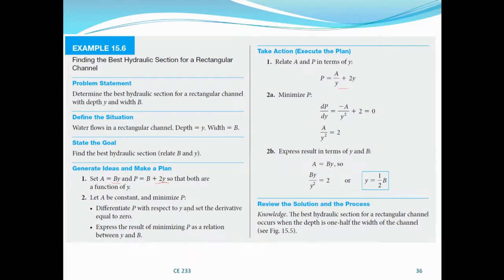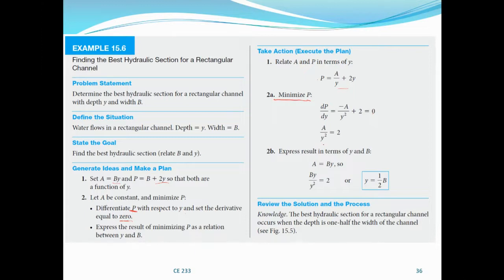We differentiate P with respect to y and set the derivative to 0, because that is when the wetted perimeter will be minimum. Okay, so we are minimizing P. So to minimize P, we differentiate P with respect to y and equate it to 0. And when we equate it to 0, A equals y squared, A equals 2y squared.